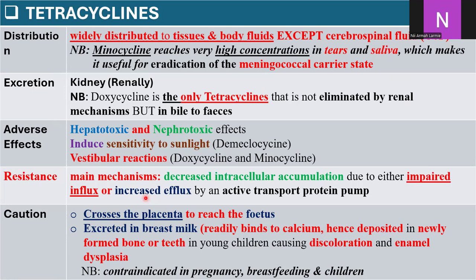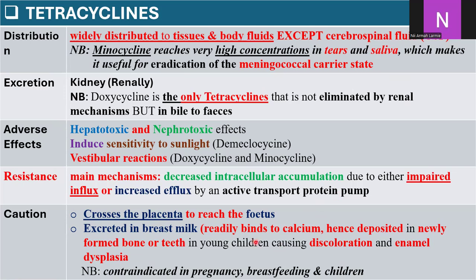Because tetracyclines can cross tissues, it's been shown that they can cross the placenta and reach the fetus, and therefore should be avoided in pregnancy. They can also cross the mammary gland into breast milk, and so should also be avoided in lactating mothers. One reason is that tetracycline has been shown to chelate or bind to calcium.